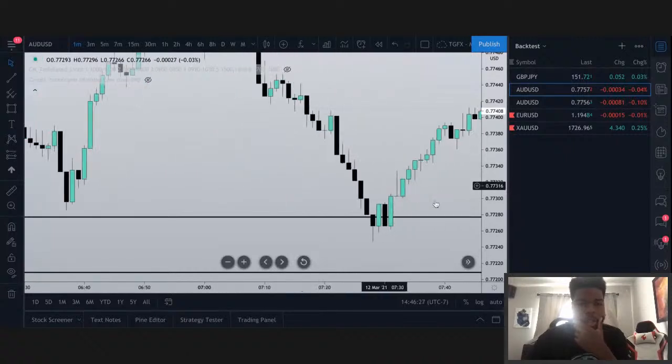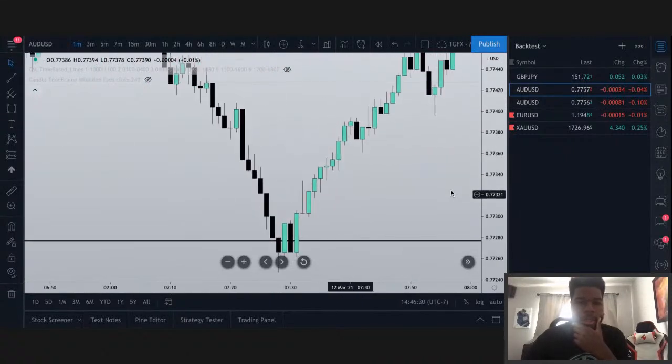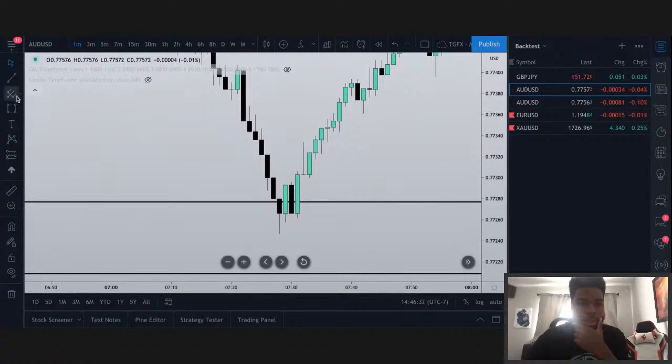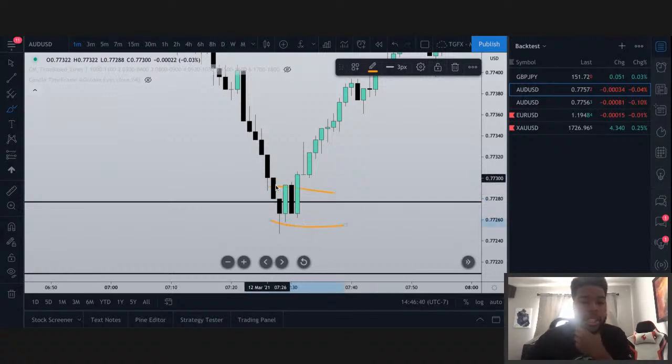All right, so once again, sometimes the market won't give you that trend line break or whatever you want to see at the bottom here. Sometimes you're just going to have to take that confidence trade where, okay, price made a double bottom, broke with a higher close, bullish engulfing.